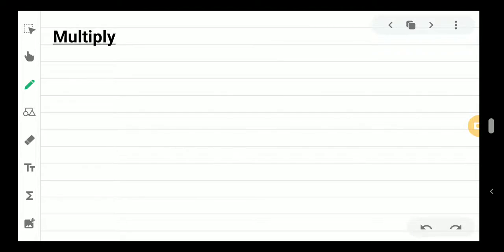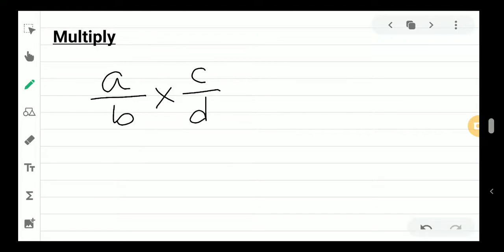So first of all, multiplication. Suppose we are going to multiply a by b and c by d. Okay, these are two fractions that we are going to multiply. So how will we do this? The basic thing is to multiply the numerator with the numerator.